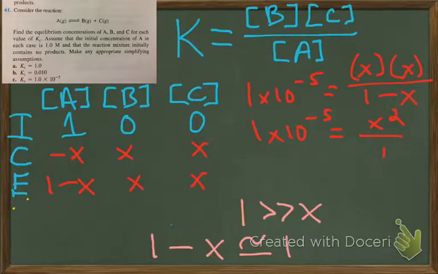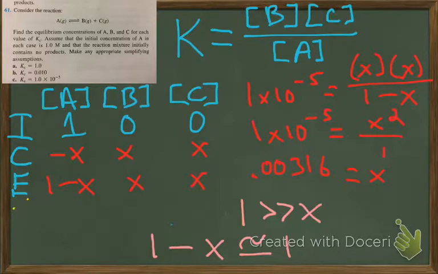All I have to do is take the square root, and I'm done. So x equals the square root of that thing, 0.00316. Much easier than the quadratic equation, right?